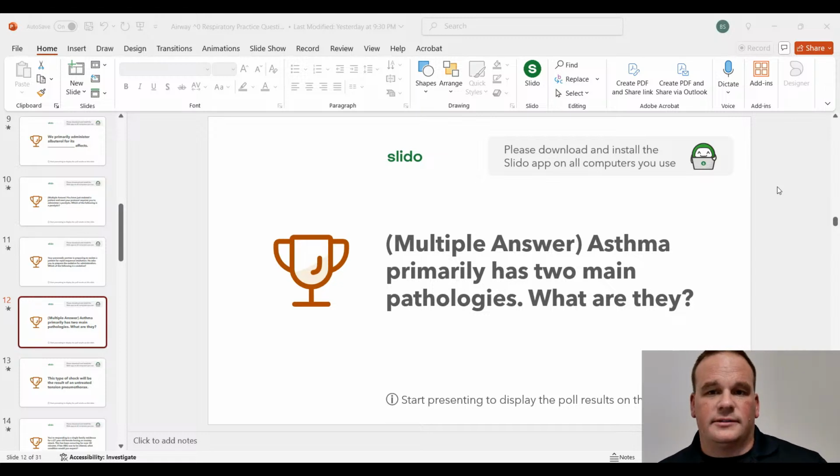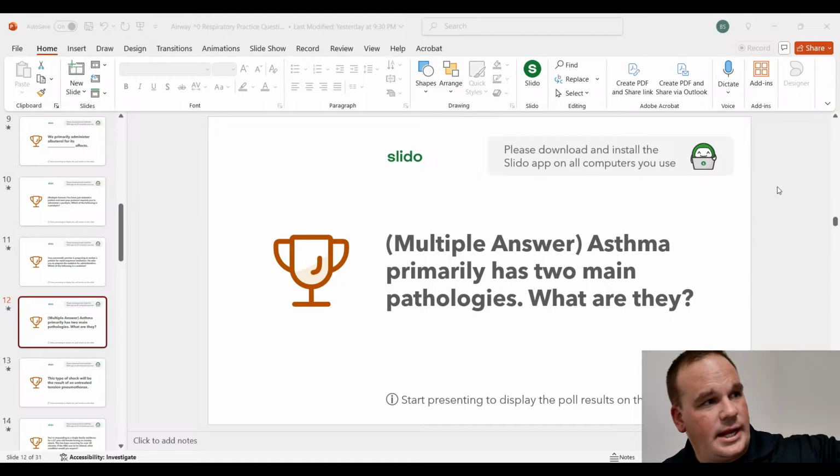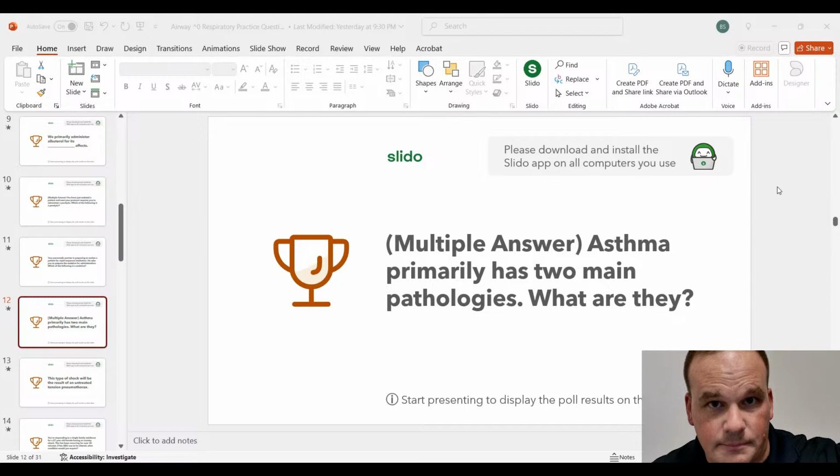And the way that I like to teach this in class is picture a garden hose. If you go out on your driveway and you take the trigger off the end of the garden hose and you lay it out across your driveway and you turn on your faucet, it's full blast. You're pumping out as much volume as you possibly can through that garden hose. There's nothing on the end of it stopping it.